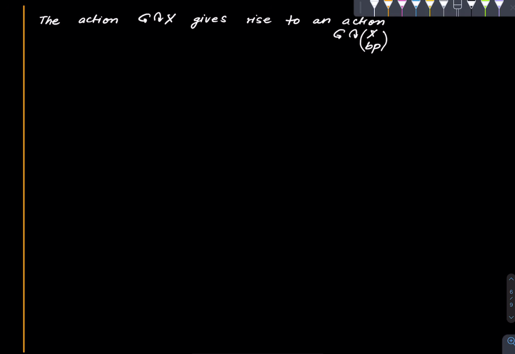The first thing to note is that each orbit of this action has size p to the k for some k.